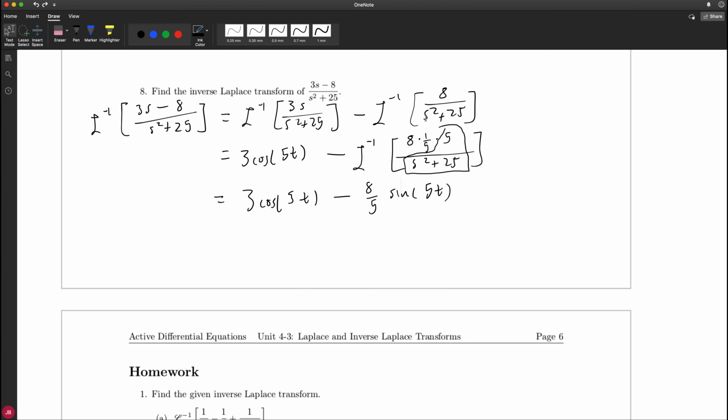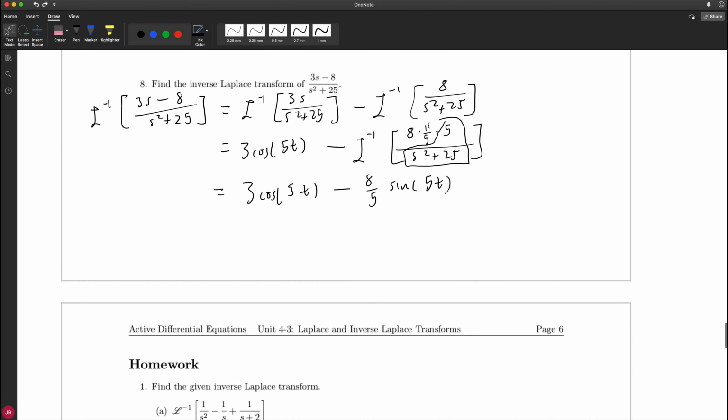However, this one looks a lot like the sine Laplace transform, and so its inverse should involve a sine. But in order for this to work, I technically need a 5 up here. Well, what I do right here in this step is cleverly multiply by 1. I can get my 5 up in the numerator if I then multiply by 1/5.